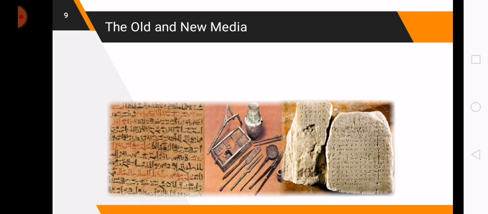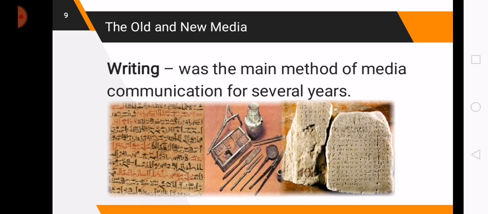So they used stones, and the picture in the middle shows the tools that they used to carve into the stones and put the message. So this era is writing, and this was the main method of media communication for several years before technology was invented.